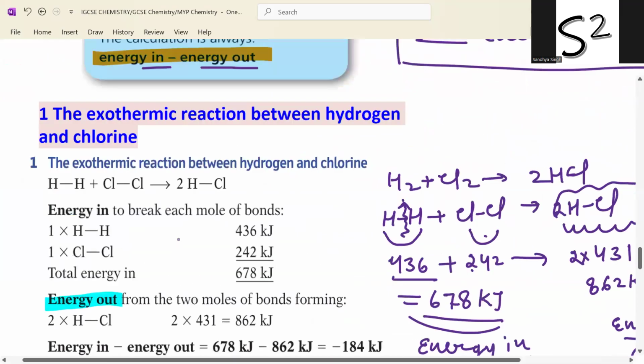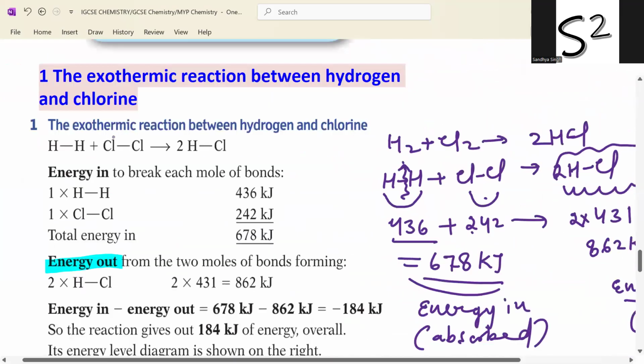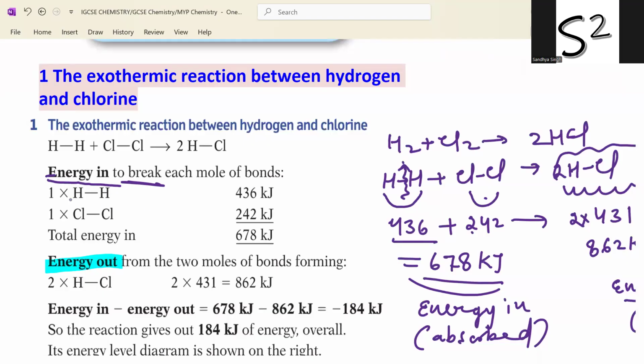Right? Look here, it is explained here. The exothermic reaction between hydrogen and chlorine: the single bond between hydrogen and hydrogen, and chlorine and chlorine, gives 2 moles of HCl. Energy in to break each mole of bonds: 1 multiplied by hydrogen-hydrogen, which is 436 kilojoule, and chlorine-chlorine is 242 kilojoule.